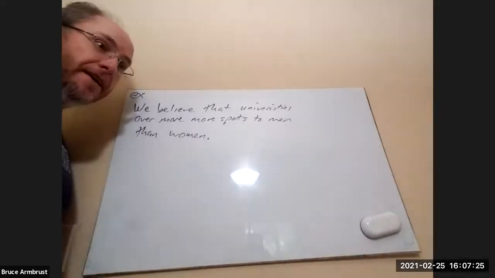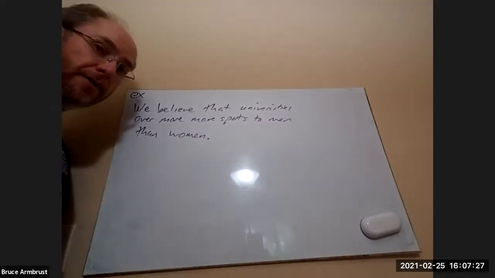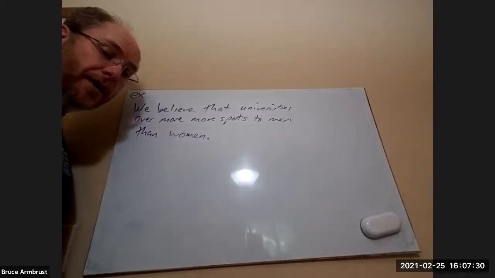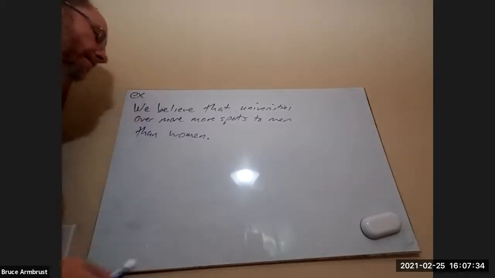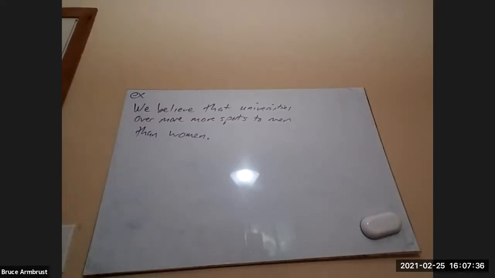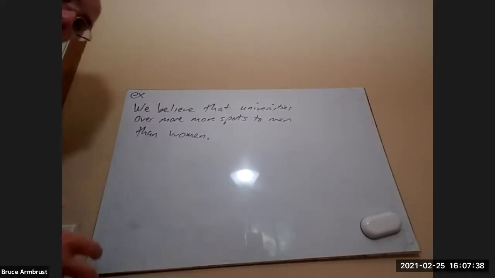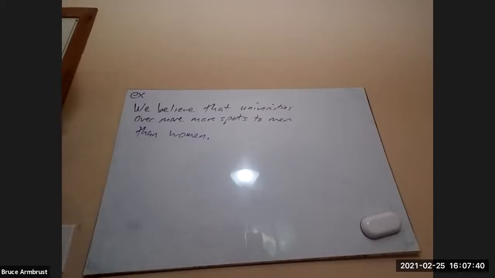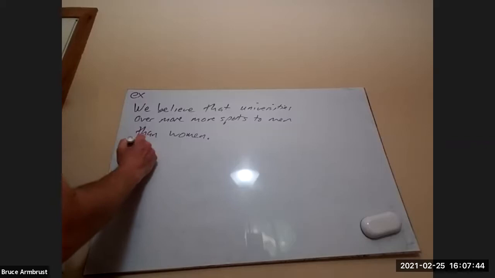We're going to see if we believe that's true or not by taking some samples. So we go out and we sample 50 different colleges, and we check it for the men.